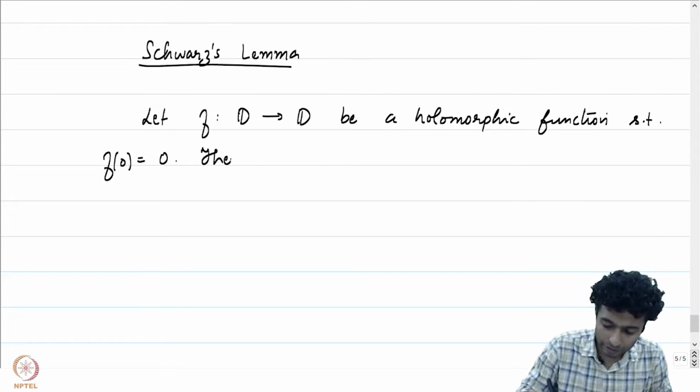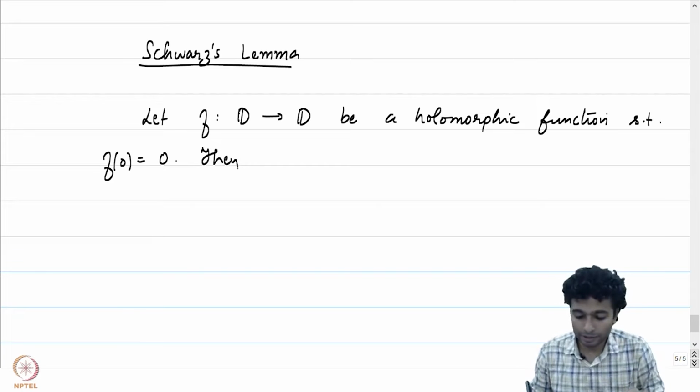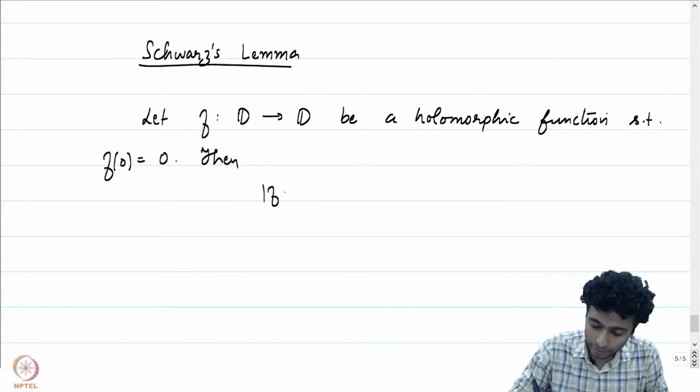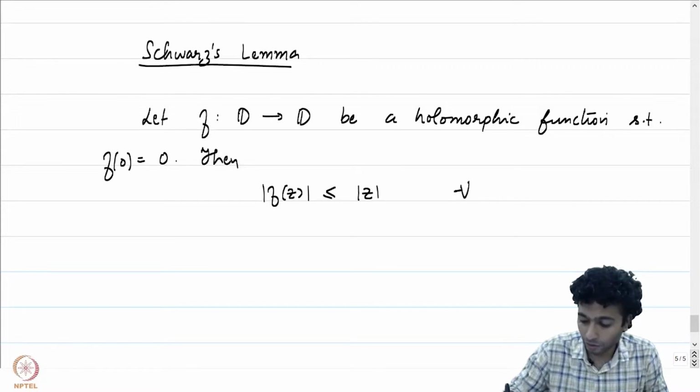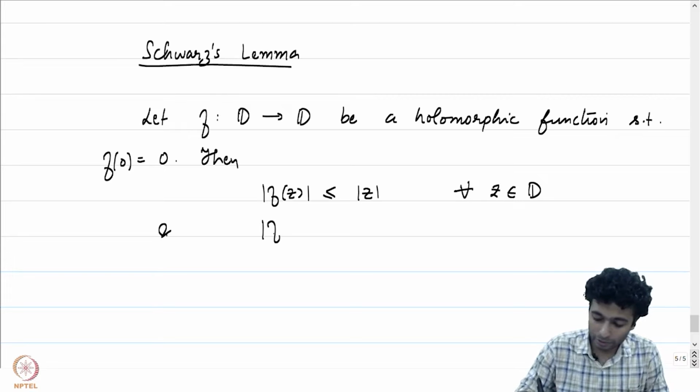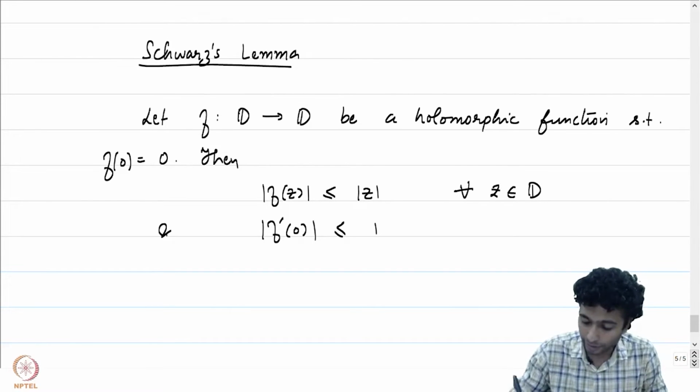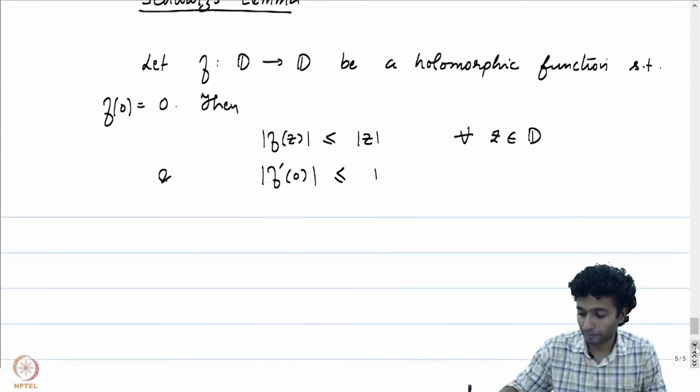That's all. With just this set of assumptions in the hypothesis, we can conclude that the absolute value of f(z) is less than or equal to mod z for all z in D, and the absolute value of the derivative of f at 0 is less than or equal to 1.